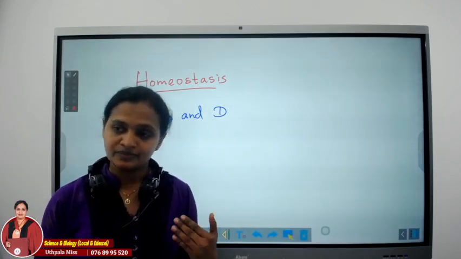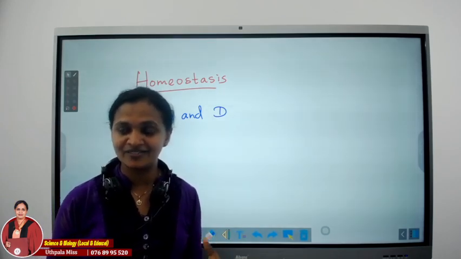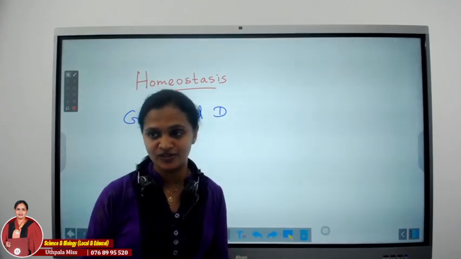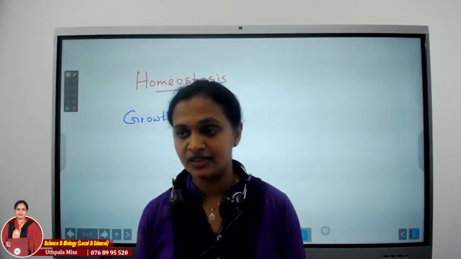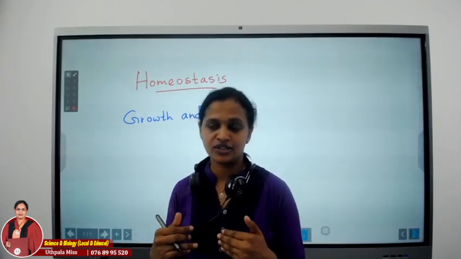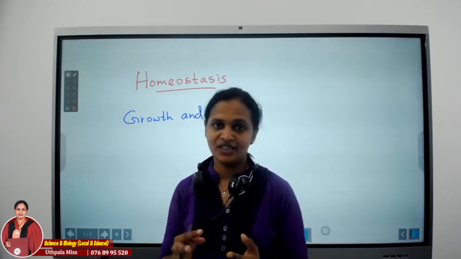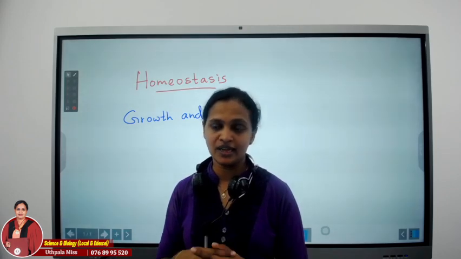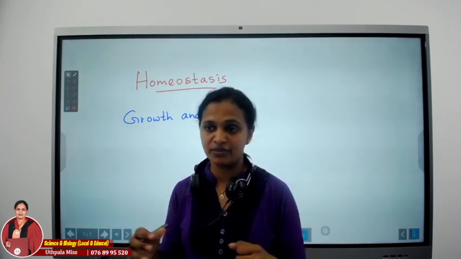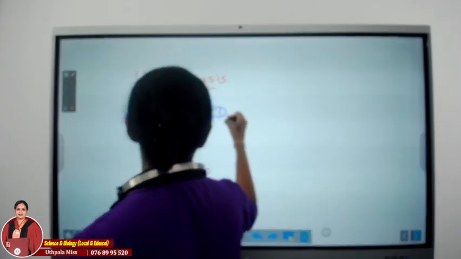So that single cell divides in order to have a number of cells. So we all have started as a single cell. Last week I explained how the fertilization occurs and how the zygote is formed, the single cell with a diploid genetic composition, and this single cell divides by means of mitotic cell divisions. That is how the growth occurs.